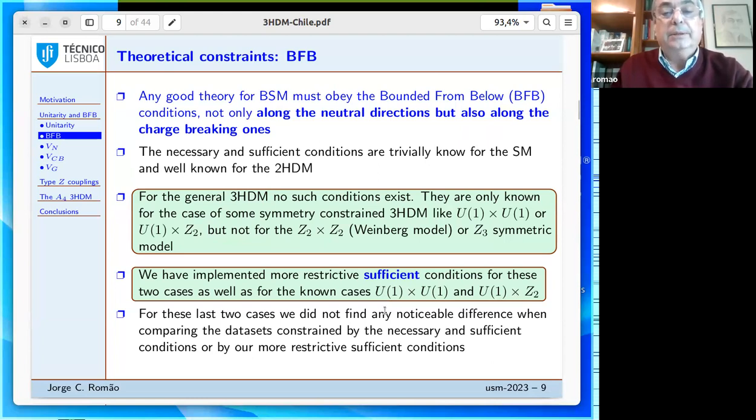And we compared the data sets with the necessary and sufficient conditions with the data set with only the sufficient. And for some observables, we didn't find any difference between the two data sets. But of course, this is because we just looked at a few. We are not sure that some difference might not appear.